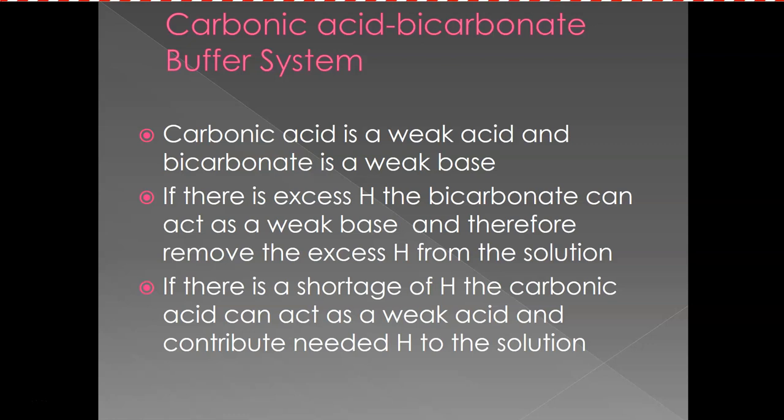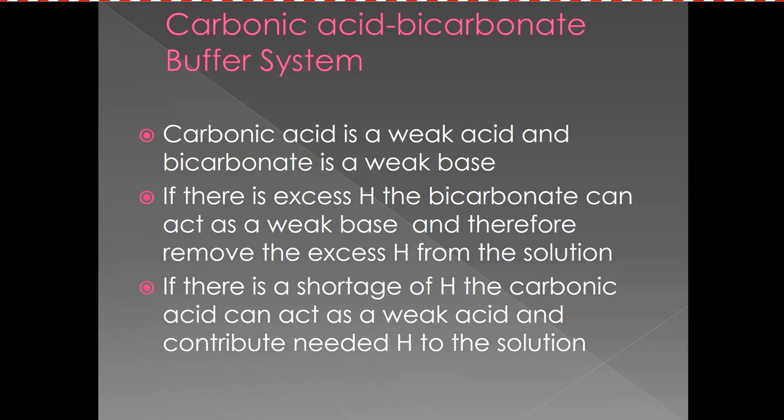So one example is the carbonic acid bicarbonate buffer system. Carbonic acid is a weak acid and bicarbonate is a weak base. If we find that we have excess hydrogen, the bicarbonate can act as a weak base. Remember, bicarbonate's actual name is sodium bicarbonate. It is a salt.